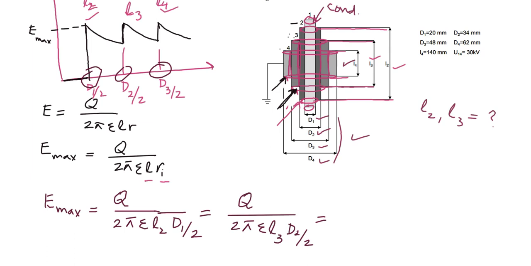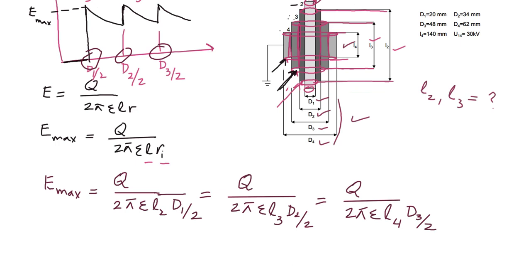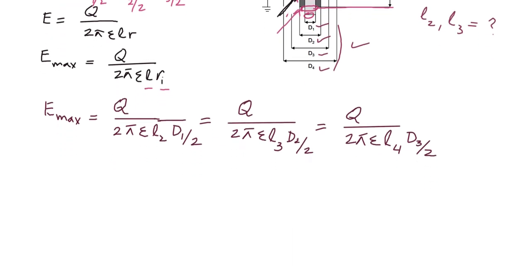Maximum electric field will be given by Q over 2 pi epsilon L4 d3 by 2. So these are our equations.